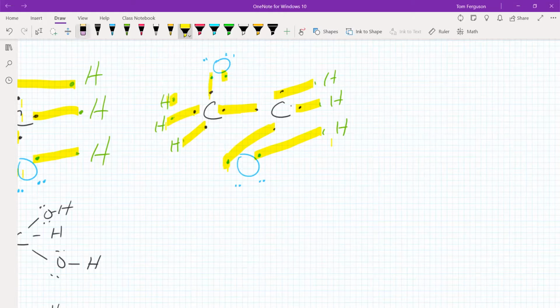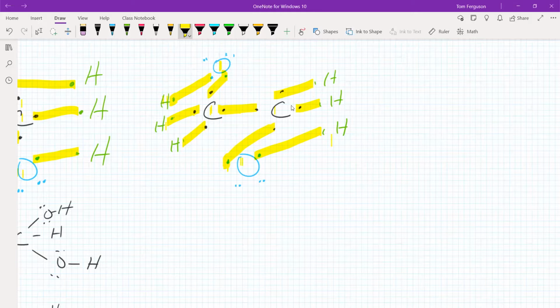So let's go like this and like this. Okay. So basically we've got this oxygen connected to the carbon, a hydrogen is connected to the oxygen, oxygen is connected to the carbon. Same down here. Hydrogen goes to oxygen, oxygen to carbon.